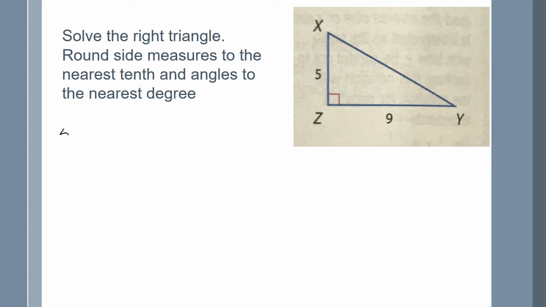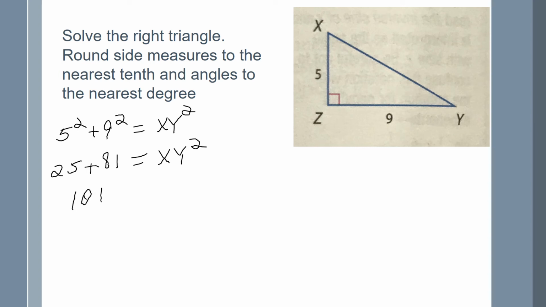So 5 squared plus 9 squared equals xy squared. And I've got 25 plus 81 equals xy squared. So 25 and 81 is 106, which is equal to xy squared.